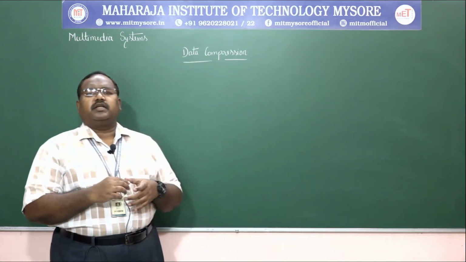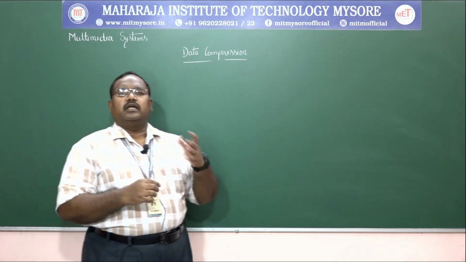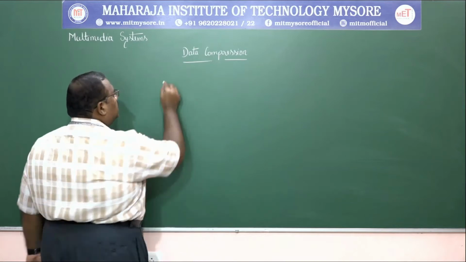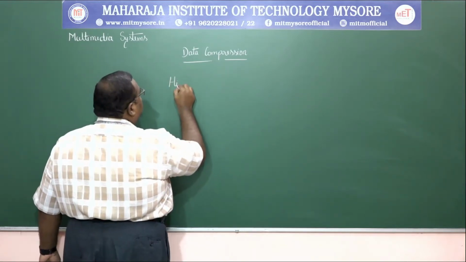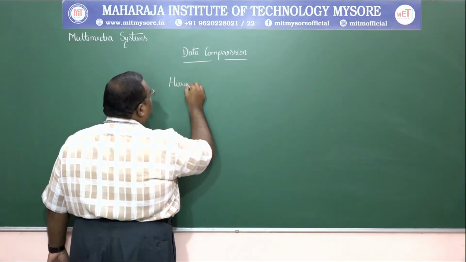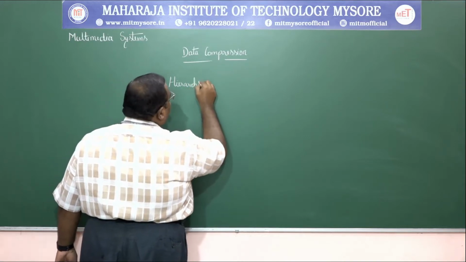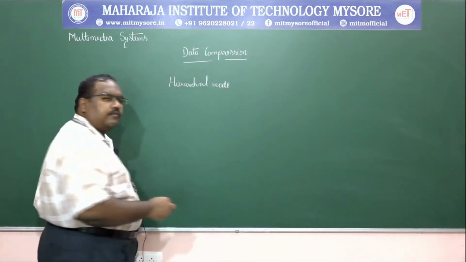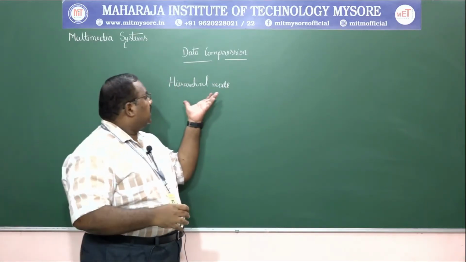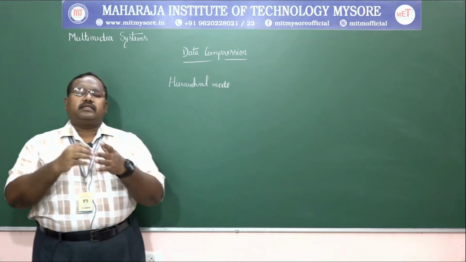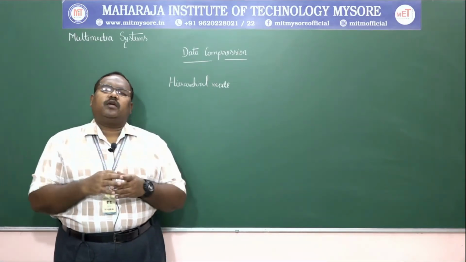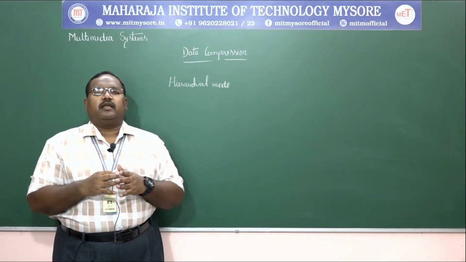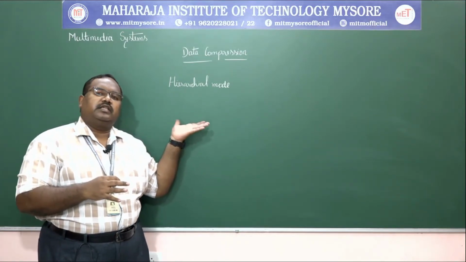In the next discussion, we will be talking about the next mode of compression, that is the hierarchical mode. When we talk about the hierarchical mode, it is an important technology which has been introduced with respect to compression of still images.